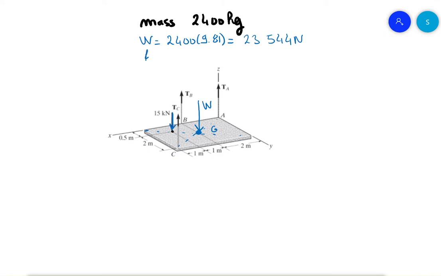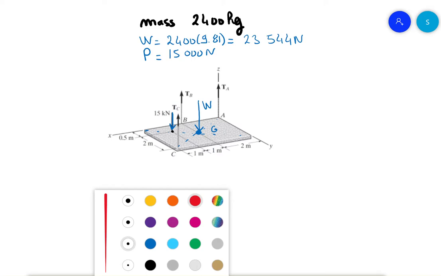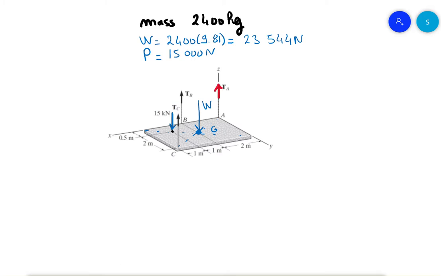Let's call that P is equal to 15,000 Newton. I just use the same unit. And we have three unknown forces. We have TA, TB, and TC. Okay. So this is a 3D problem, a 3D equilibrium of a body.